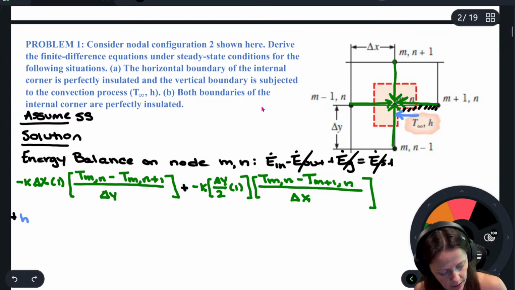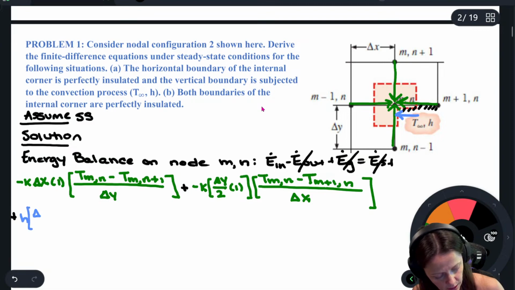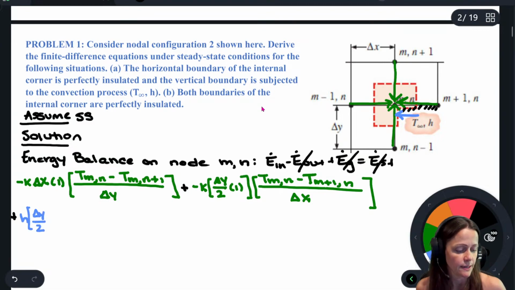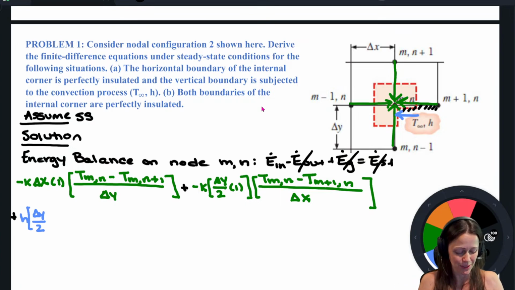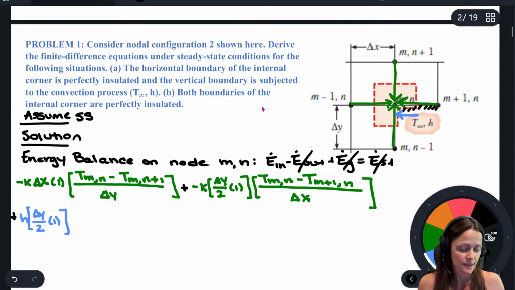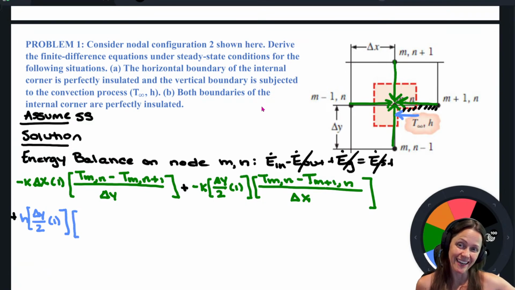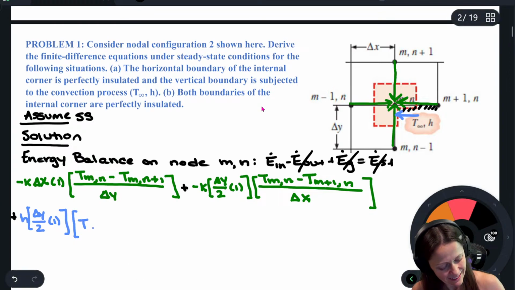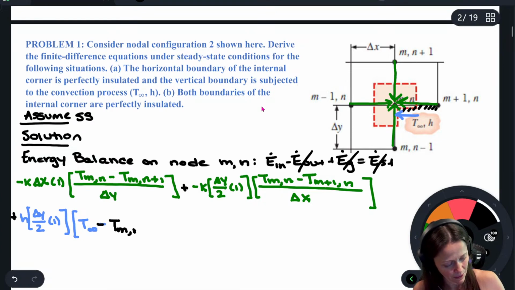So it's going to be delta y over 2 times the distance into the screen, which is just 1, times the temperature at the beginning of that arrow minus the one at the ending of that arrow. So T infinity minus that T m n.